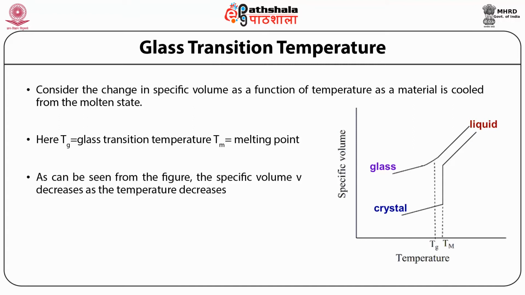In this figure, you can see that the y-axis is the specific volume and the x-axis is temperature. Here Tg is the glass transition temperature and Tm is the melting point.